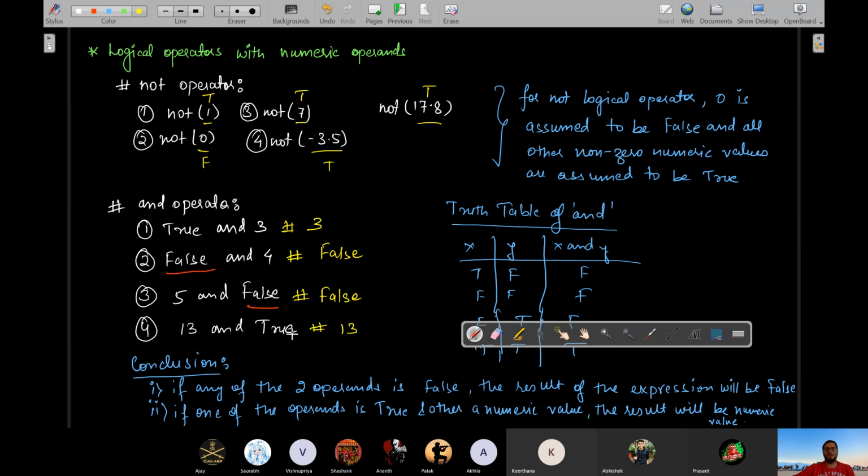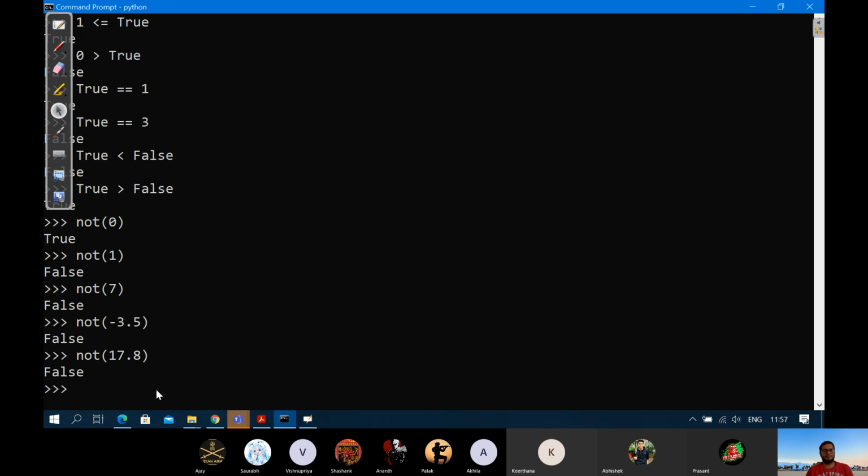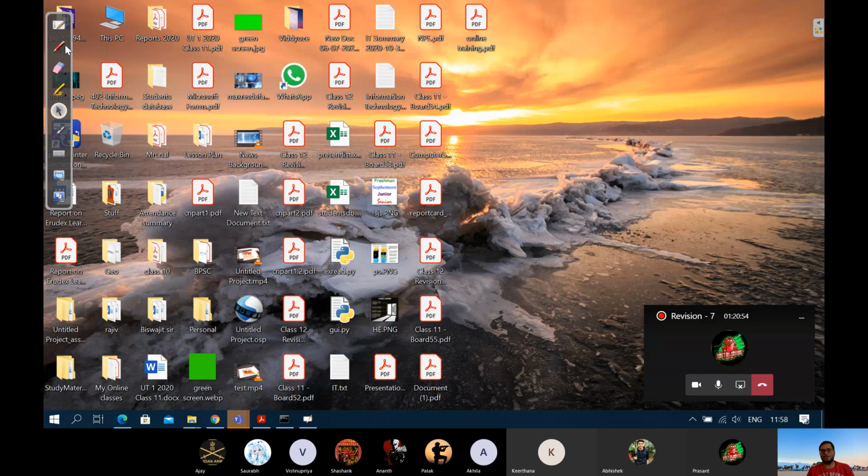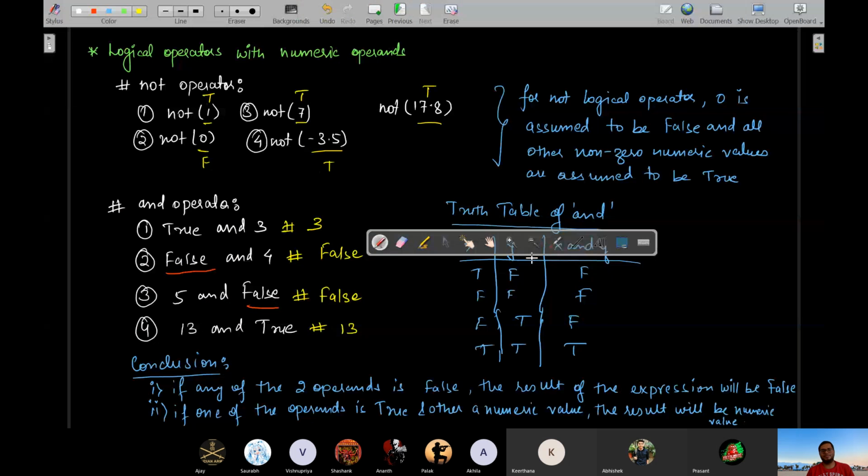Okay, let us test this. 3 and true. Wait a minute. Sorry, not the numeric value. I told the wrong thing here. Just let me correct it. Then the result will be the second operand, not the numeric value. The result will be the second operand.